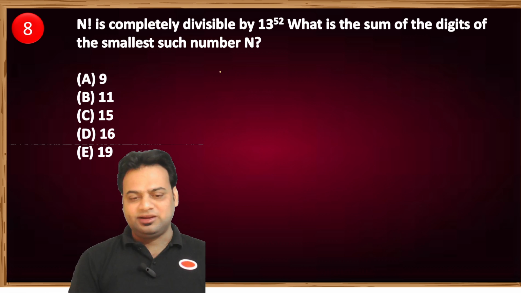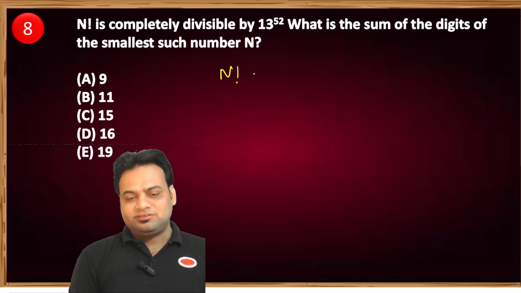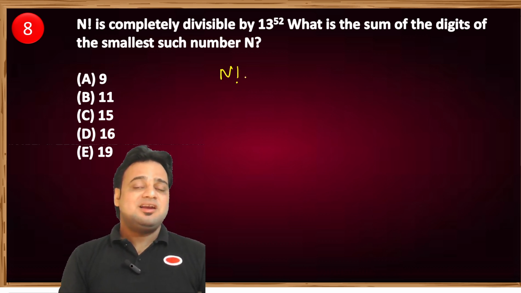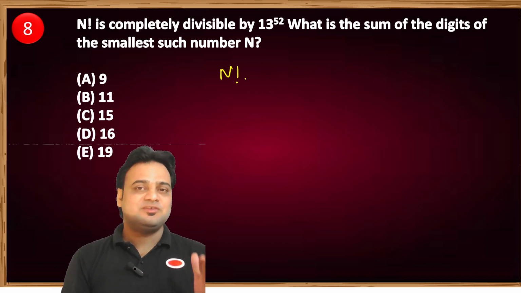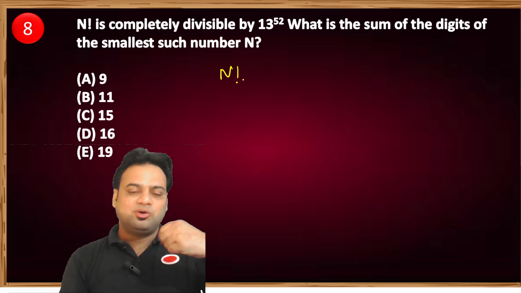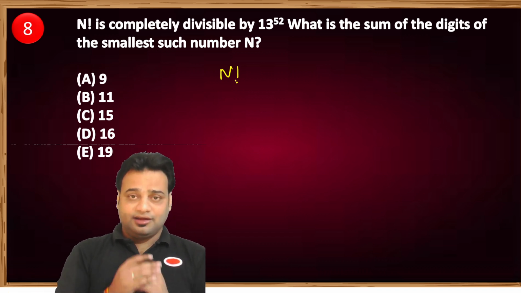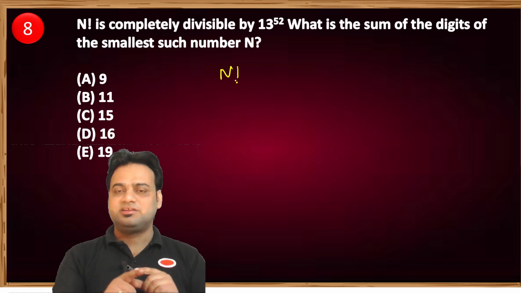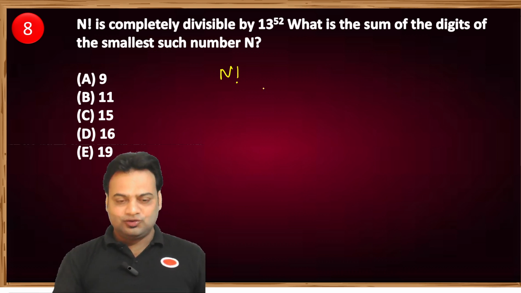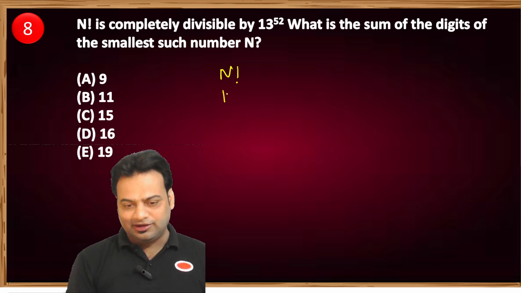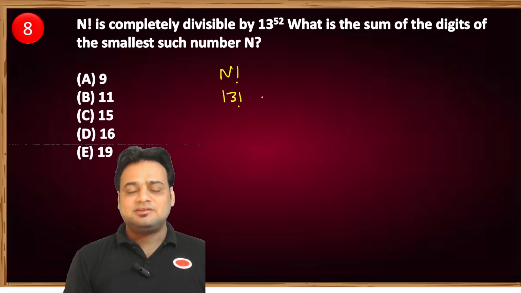If n is less than 13, that is if you get 12, then no power of 13 can be considered. 13 first comes in factorial 13. So if you write factorial 13, it is 13 to the power 1.